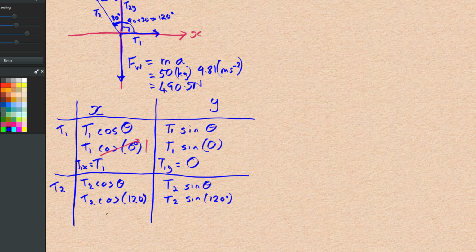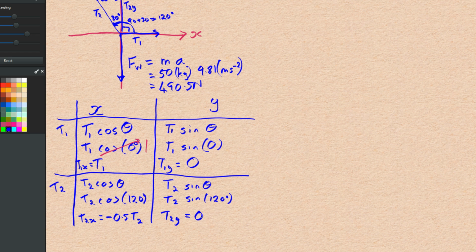So T2x equals cos of 120, which is actually minus 0.5. So minus 0.5 lots of T2, and the T2y component is equal to sine of 120, which is 0.866, which I'll just write down.